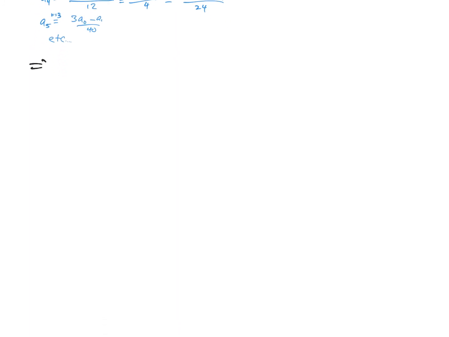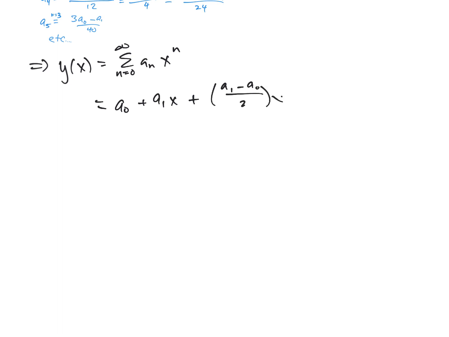In the end, remember what we're looking for: y of x equals the sum from n equals 0 to infinity of a n x to the n. Well, we can start writing this out, right? So that equals a0 plus a1x plus, now we know a2, it's this, x squared minus a0 over 6 x cubed plus, and we had all that stuff.